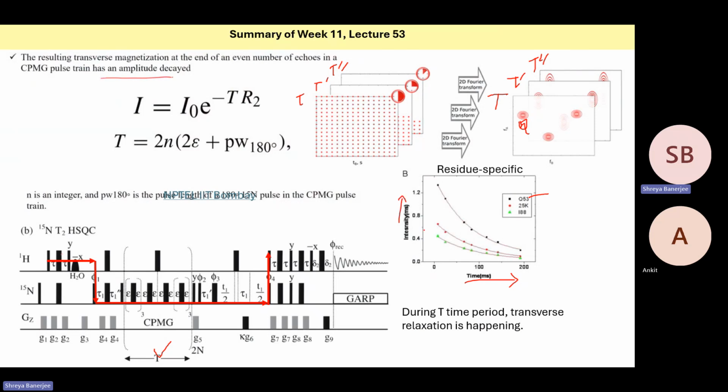So in a residue specific manner, for each residue you will get an exponential plot which you can fit in this equation, which is I is I0, that is the initial intensity. You can think of this point, e to the power minus t R2, where t is this value of the CPMG sequence, how long you are keeping the sequence, and R2 is the transverse relaxation rate, which is what you want to calculate.